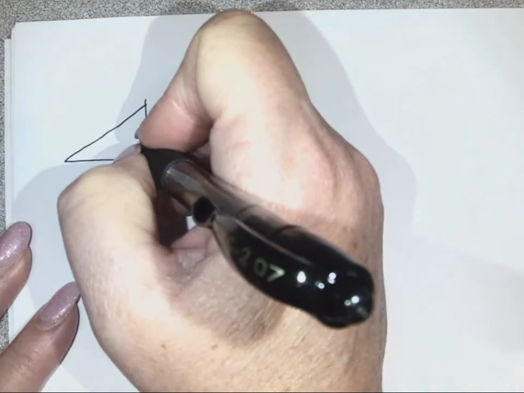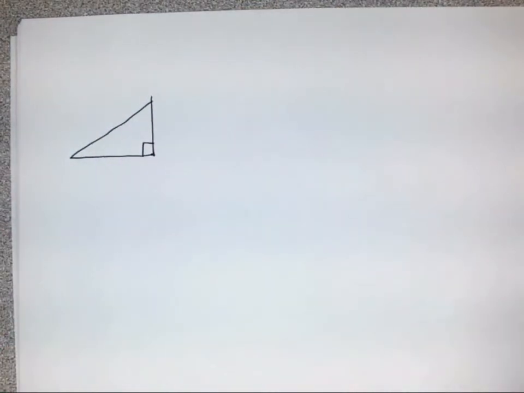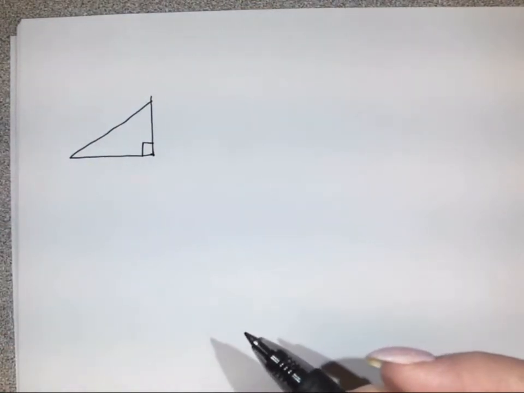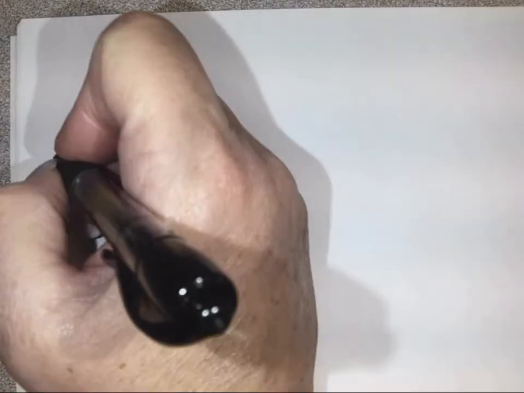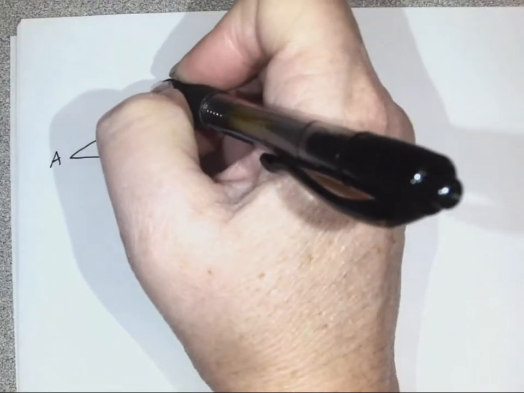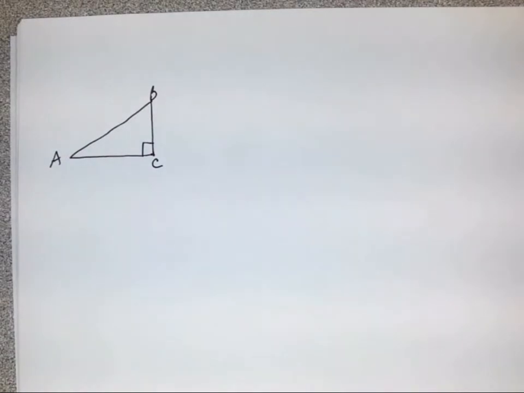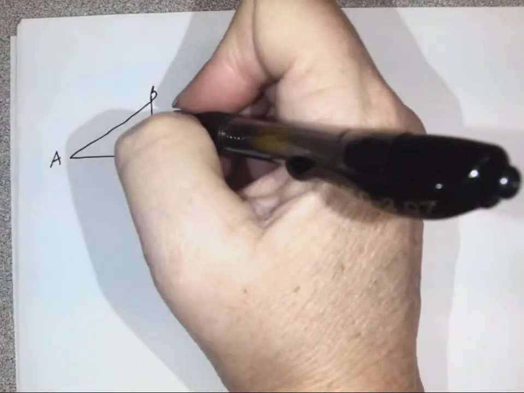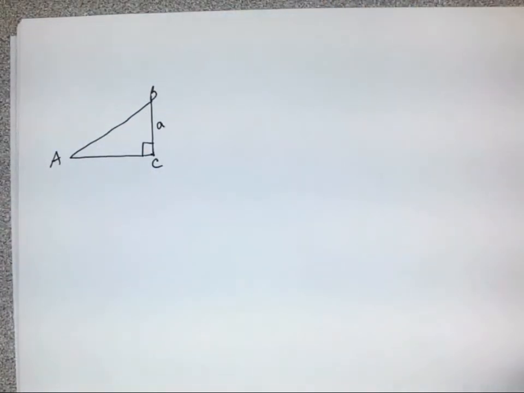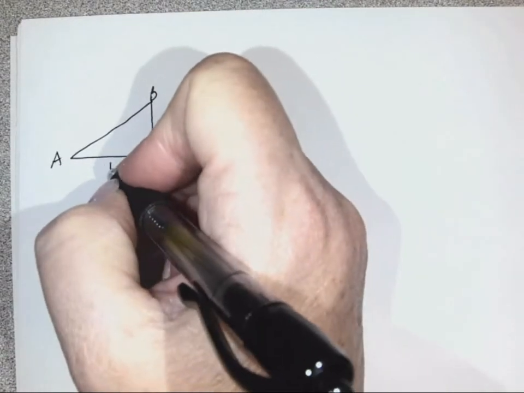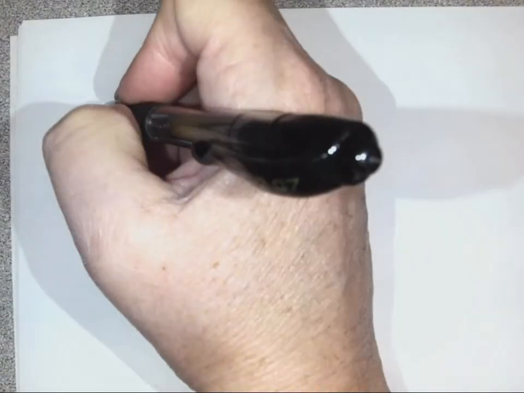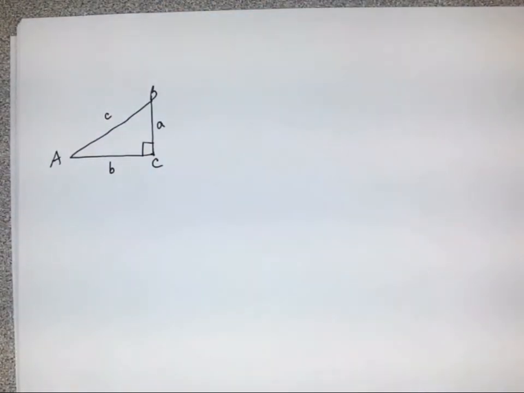Again, it has to be a right triangle to do the things we're doing. So this will be angle A, B, and C. Our little a will be across from angle A, our little b is across from our big B, and our little c is across from our big C.